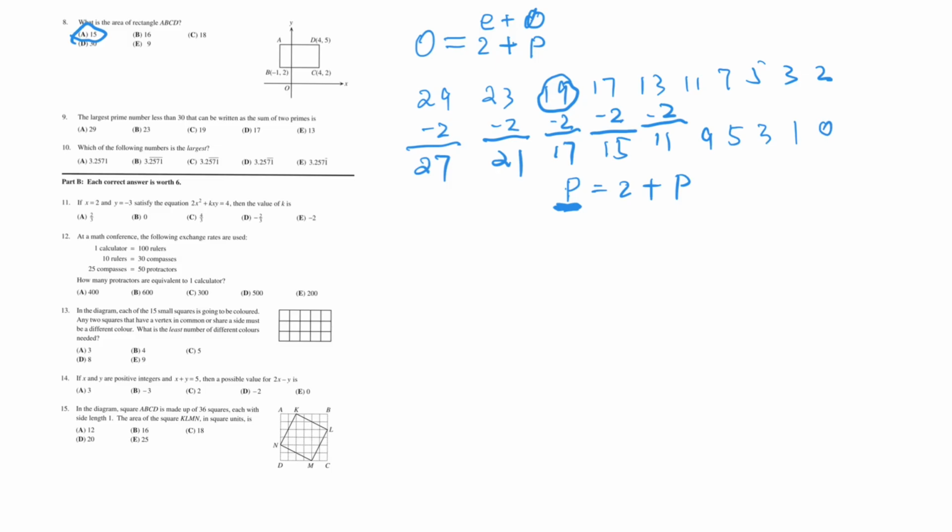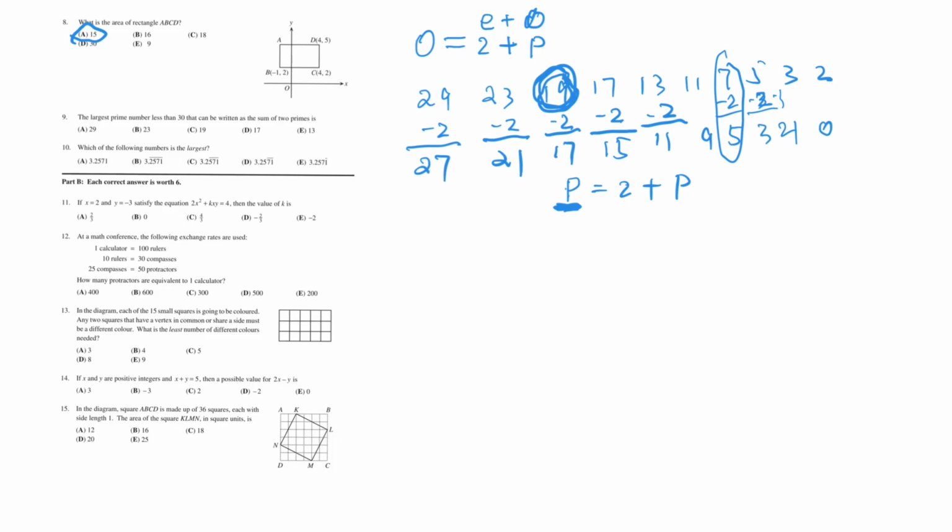So the largest number that can be written as a sum of two other prime numbers is 19. Actually, 7 still works because 7 minus 2 equals 5. 5 minus 2 is 3, still works, but the largest one is 19.